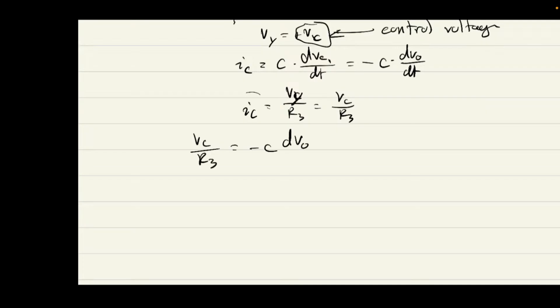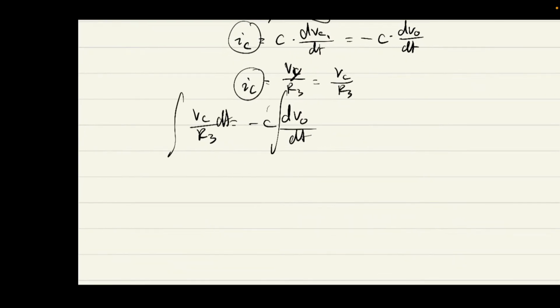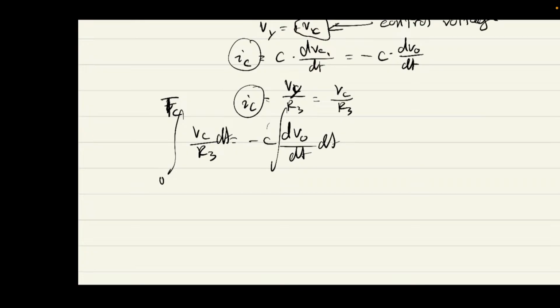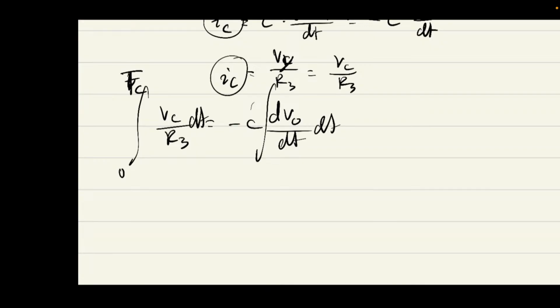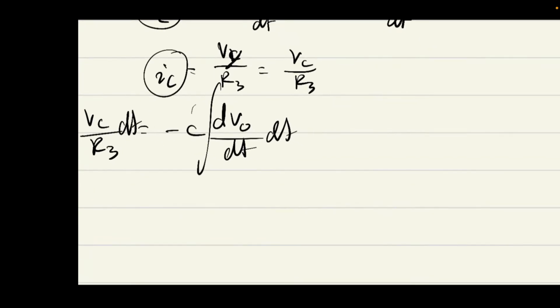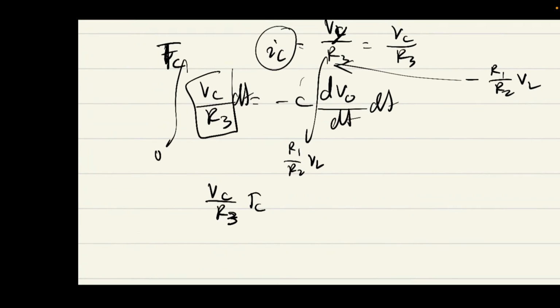I make them equal because they're both IC. Then we can integrate both sides from 0 to T charging. And here, it's going to be from positive R1 on R2 VL to negative R1 on R2 VL. So we can just integrate. Remember, this is all constant, not a variable.